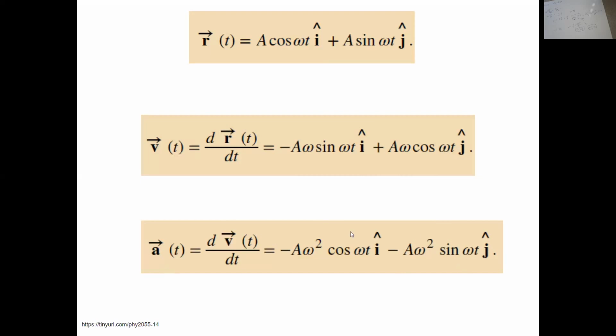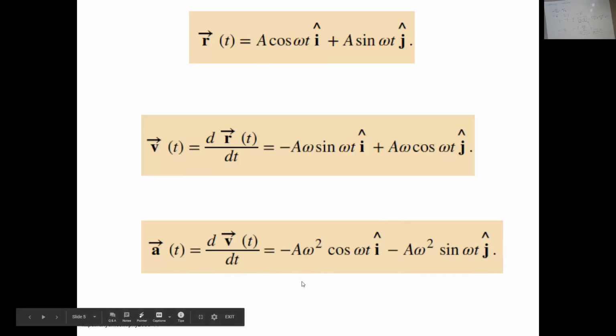So this is your acceleration vector for uniform circular motion. These three equations give you the equations of motion for uniform circular motion, to find its position, velocity, and acceleration.